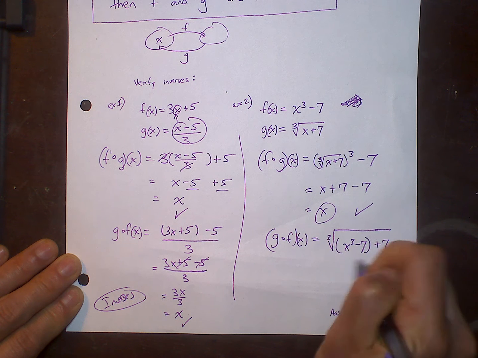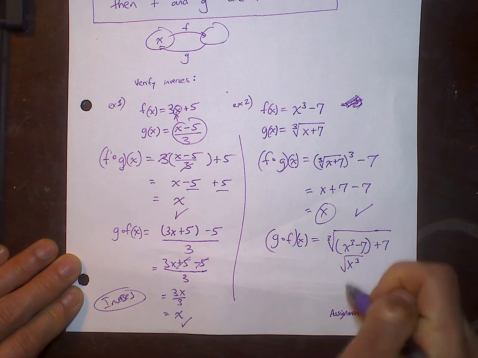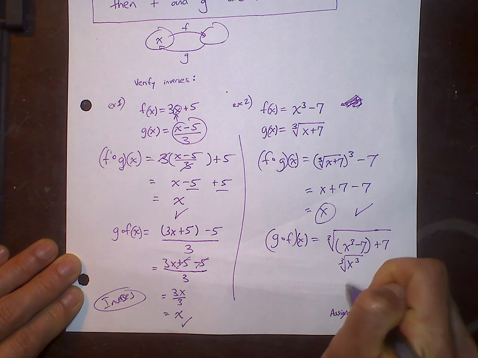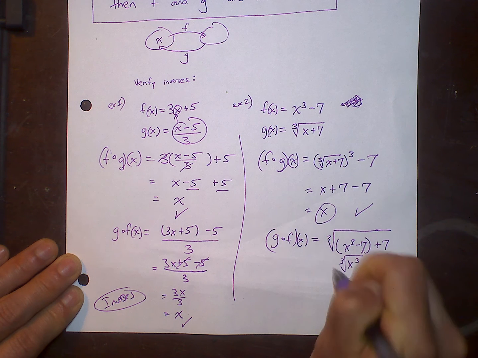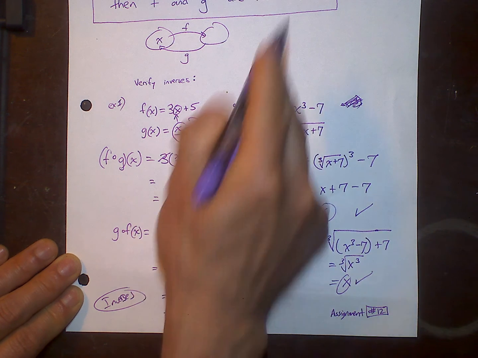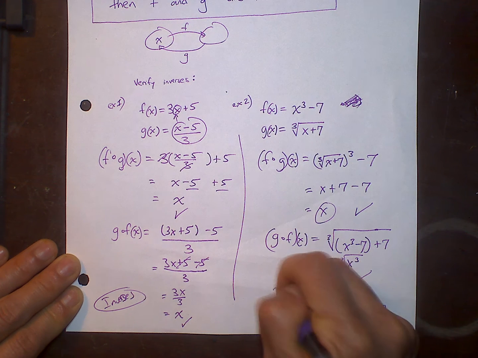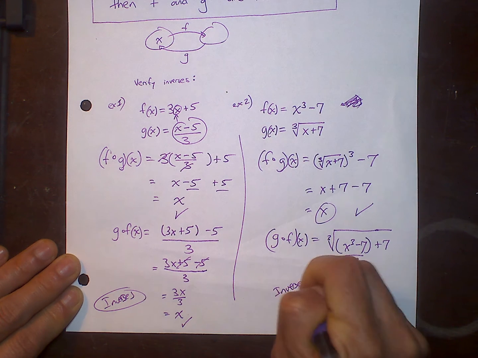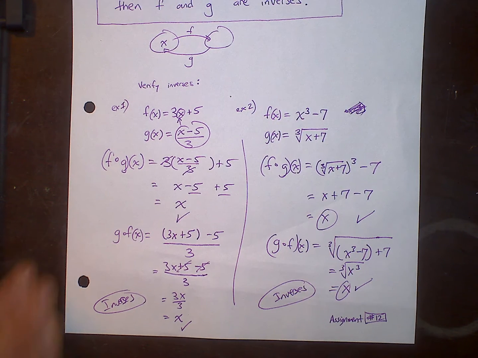Nothing to distribute. The 7s cancel first, and the cube root cancels second. It's really about the order. Check, got the x that I needed. Looks good. These are inverses, verified.